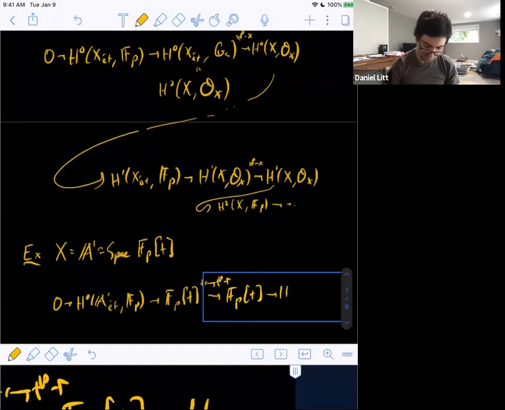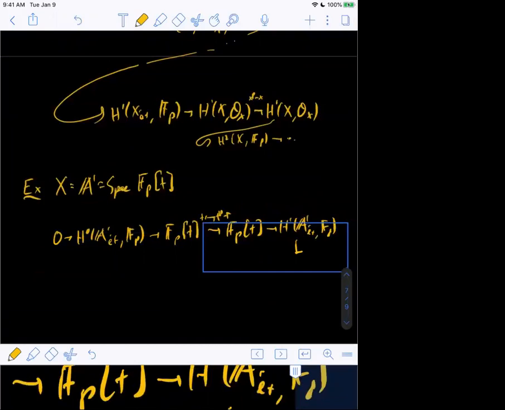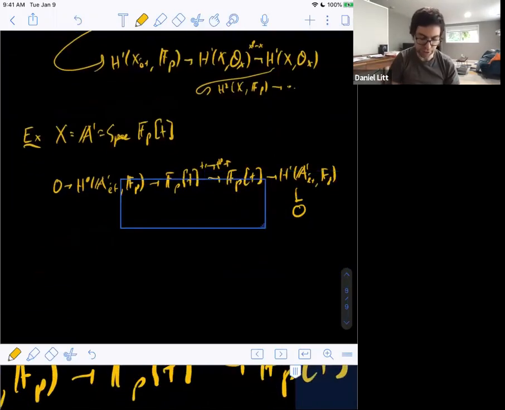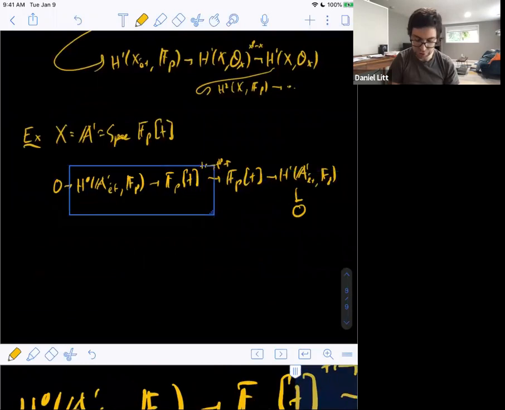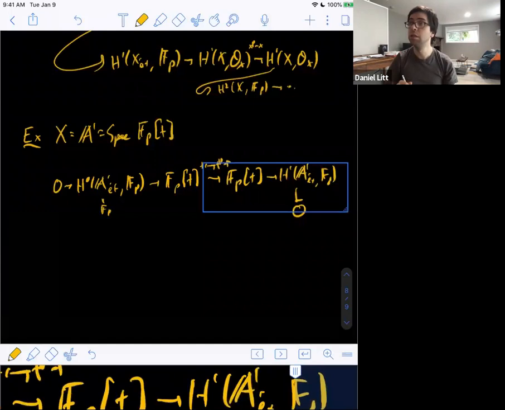And that goes to H^1 of A^1 with F_p coefficients. And what's next? What's next is H^1 of A^1 with coefficients in O_X, which is what? 0. Exactly right. It's the cohomology of a quasi-coherent sheaf on an affine. So H^0 is the kernel of this map. That's just F_p. H^1 is the cokernel, and the cokernel is actually huge.